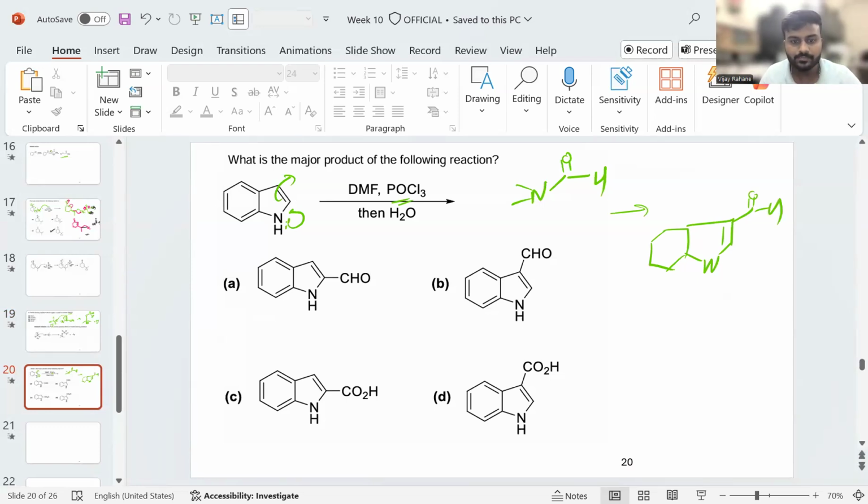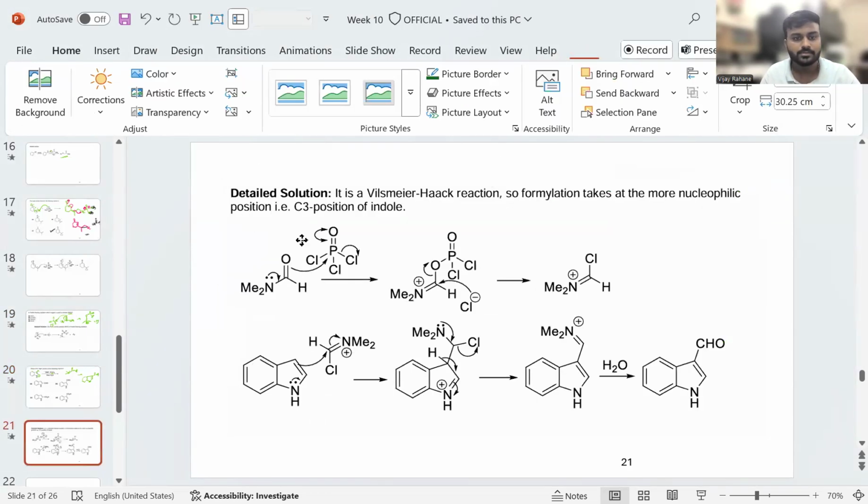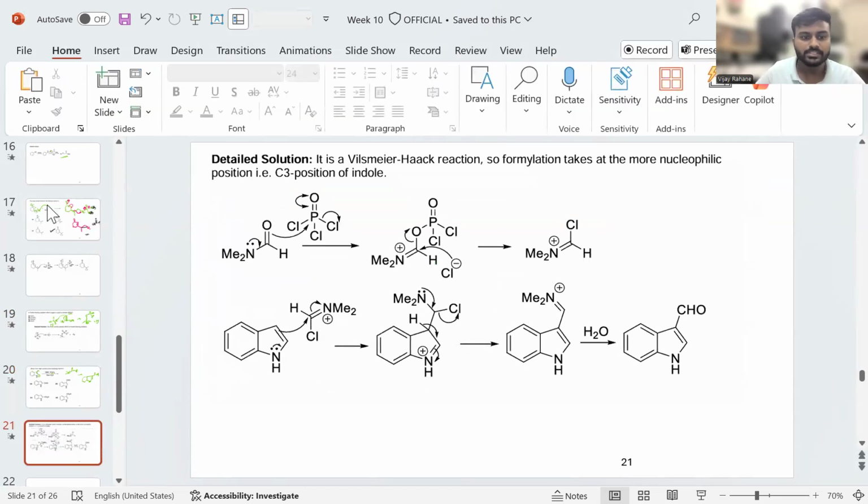If you want to look at the mechanism, I will give the mechanism for you. So this is the reaction mechanism. If you look at the DMF, the POCl3 activates the DMF. The O negative charge attacks on the phosphorus, and the driving force is the lone pair of the nitrogen of this amide, right?